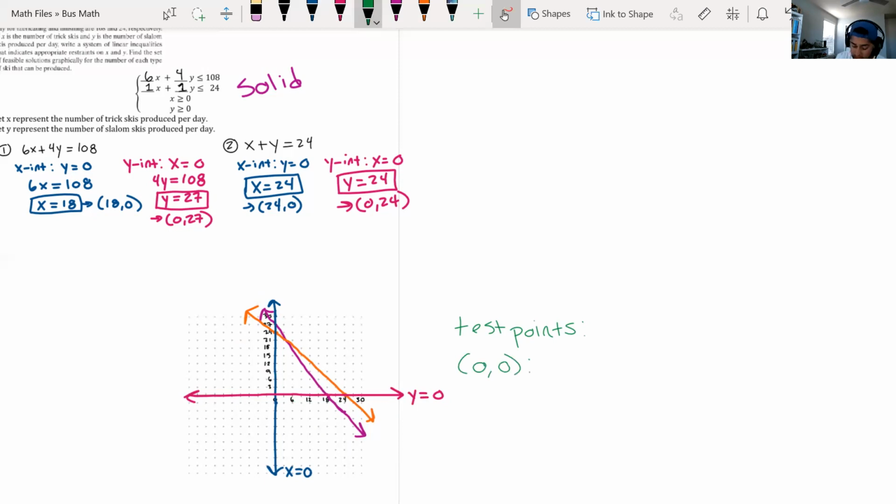Okay, so we'll look at the first function, 6x plus 4y less than or equal to 108. Plug in zeros for the x's and y's, and you'll get 0 less than or equal to 108. That is a true statement. So we are going to shade down on the purple line.